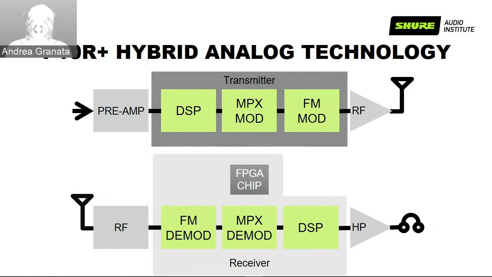In reverse, at the receiver, we have RF input that is including diversity, because most of you probably know we have two antennas in a PSM 1000 receiver.